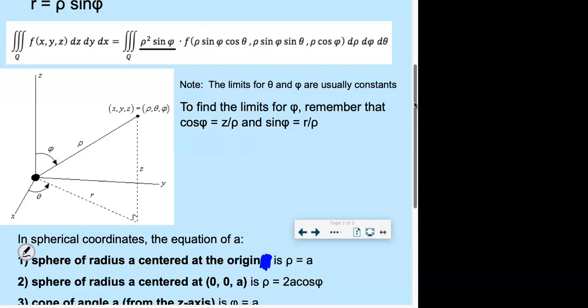It's going to feel wrong for a while, but if I have an angle of pi over 6, it's like this, where this is pi over 6. So to get to this point in spherical coordinates, phi tells me how far down from z I go, rho tells me how far I go towards that point, and then theta turns me this way.